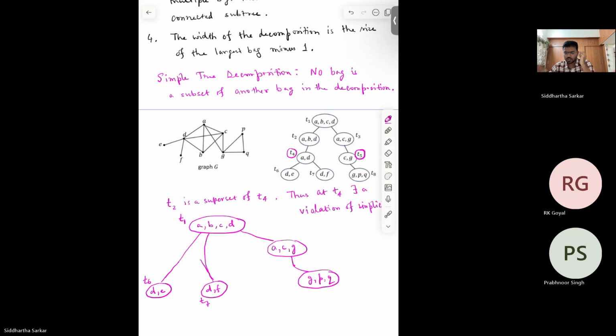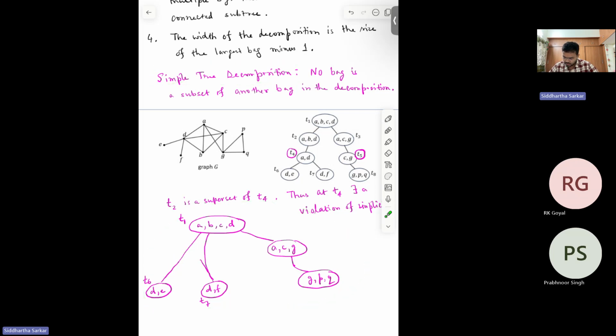Yes. Did you ask a question? Because I didn't hear the last sentence. No, I said that all the edges have been covered, and no bag is a subset of any other bag. Yes, yes. So at this point, we do not have any violation of the simple tree decomposition property, and we can output this.